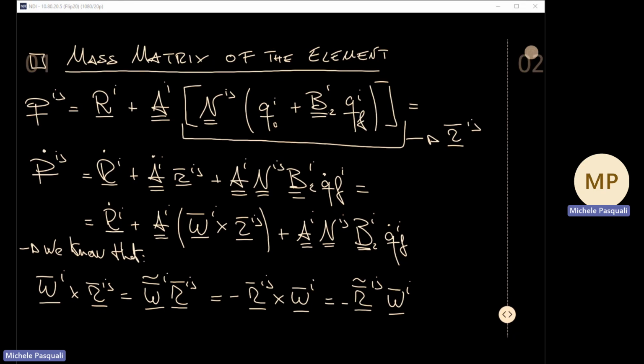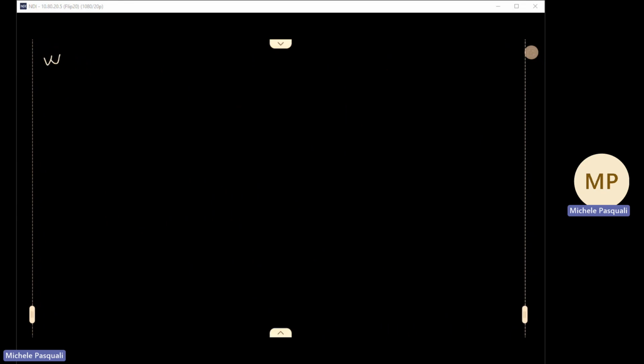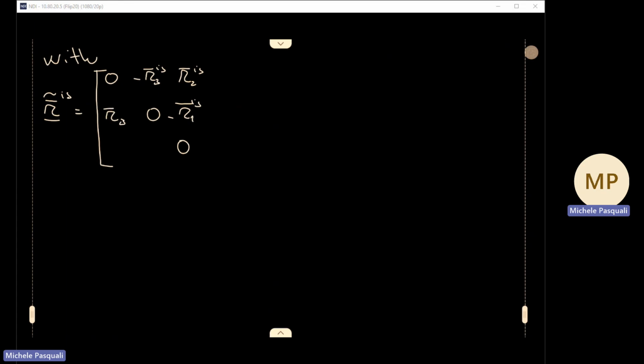We have seen already what these skew matrices are, but we can further clarify. This matrix here has the usual structure. So again, it's a skew matrix: all the principal diagonal is zero, and then we have minus r3 over bar ij, then r2 over bar ij, and minus r1 over bar ij, and so on.